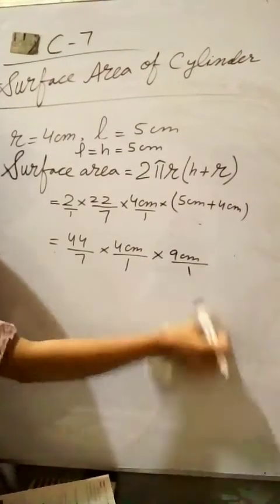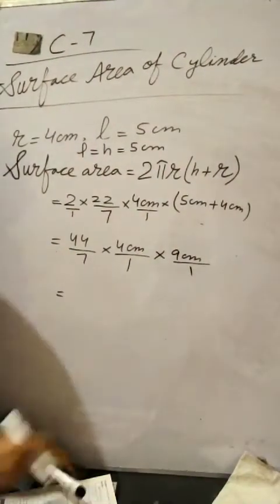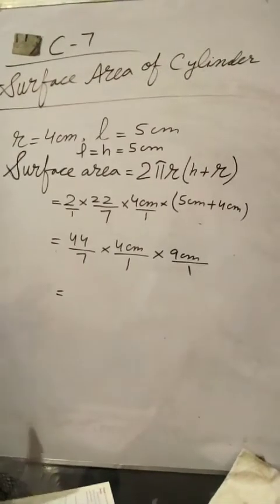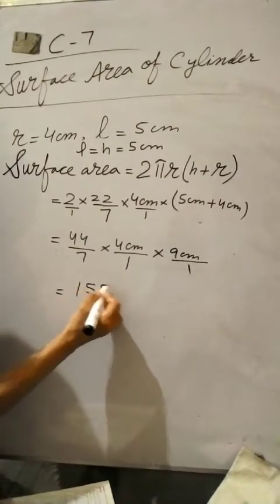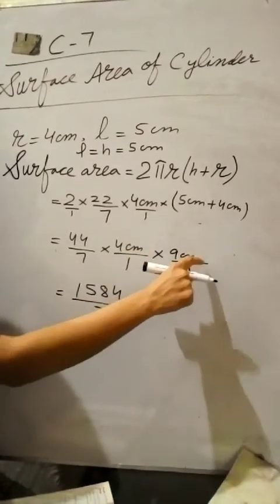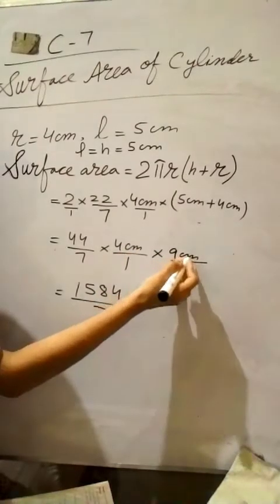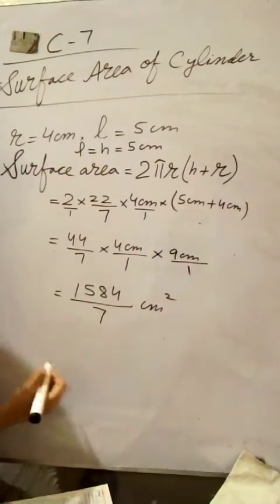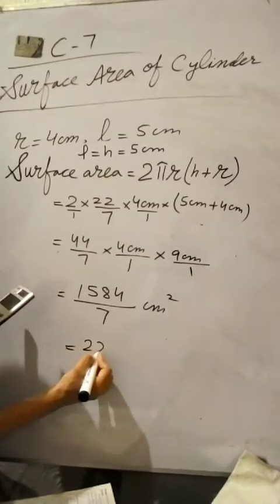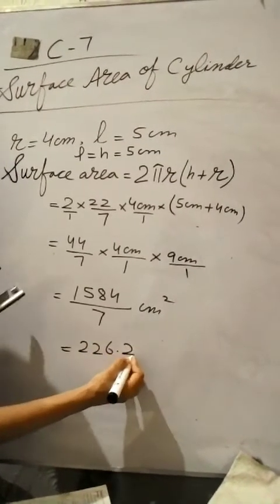Now we have 3 numerators, so we can multiply all the numerators. 44 multiply 4 and multiply by 9. Answer will be 1584, divided by 7 times 1, which is 7. Bases are same, powers will be added, so centimeter square. Now we have to divide it. 226.28.